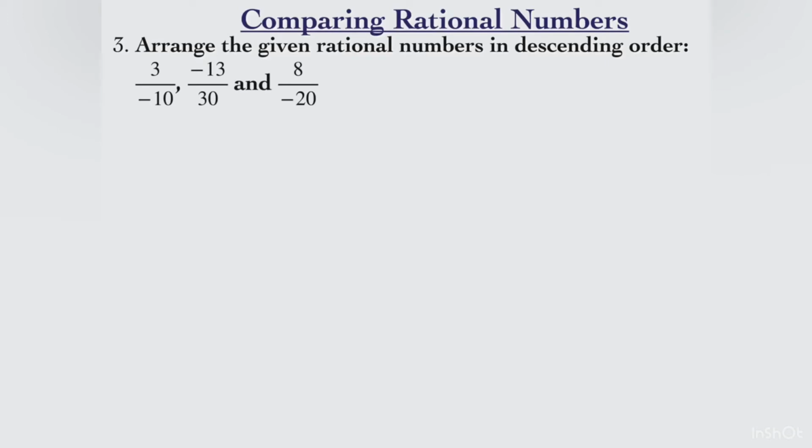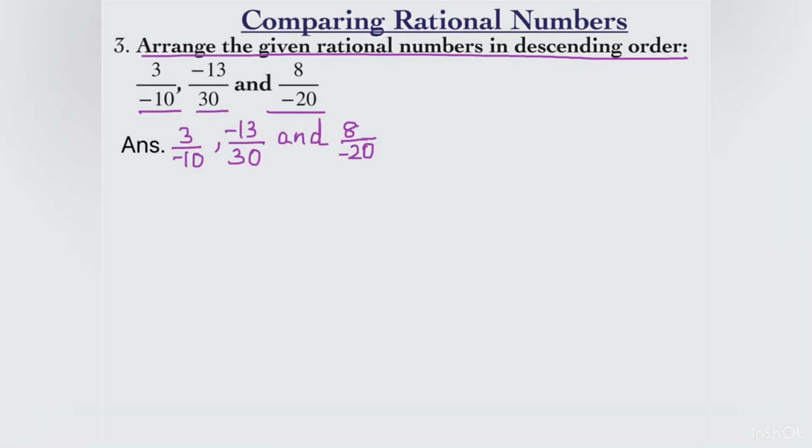Next question. Arrange the given rational numbers in descending order: 3 by minus 10, minus 13 by 30 and 8 by minus 20. In this question, first we will express each given rational number with a positive denominator.